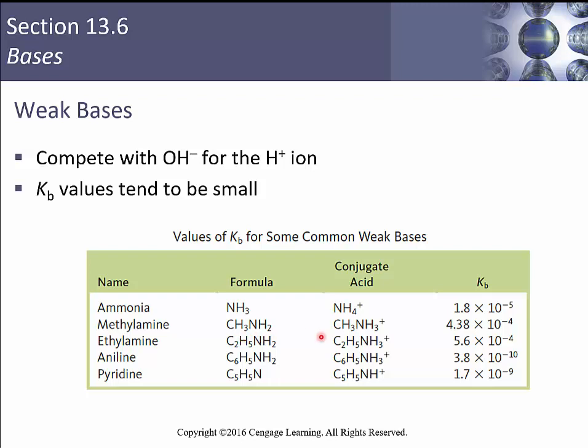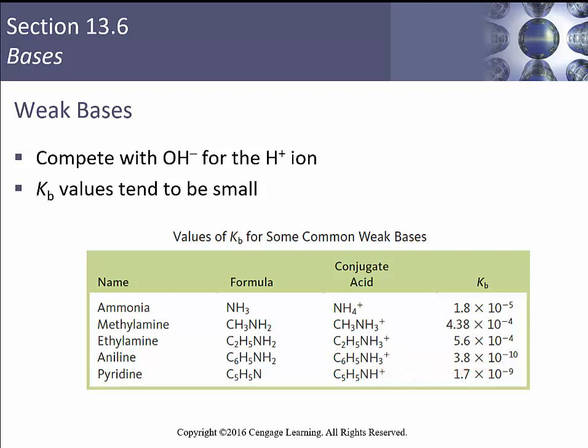Methylamine is going to have a conjugate of CH3NH3 plus, so you've gained a proton over here, and its Kb is 4.3 times 10 to the minus 4. Something like aniline, another very common base, is going to have C6H5NH2, and it's going to turn into C6H5NH3 plus, and its Kb is only 3.8 times 10 to the minus 10.